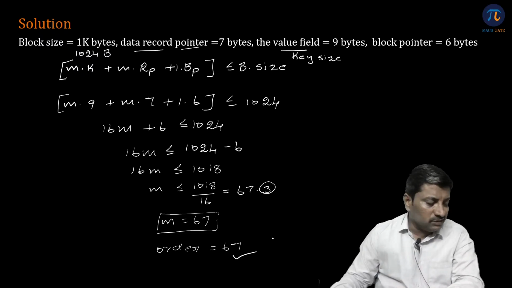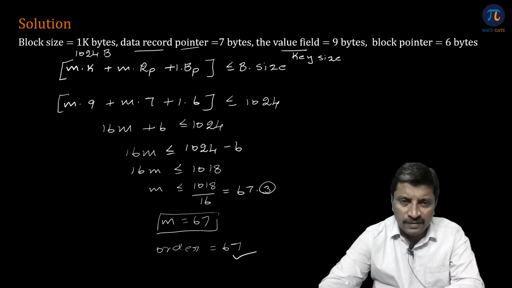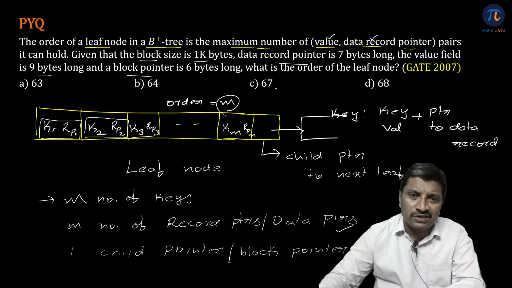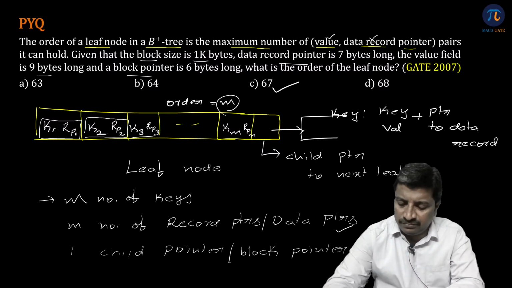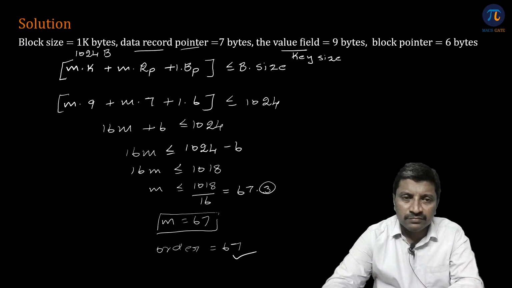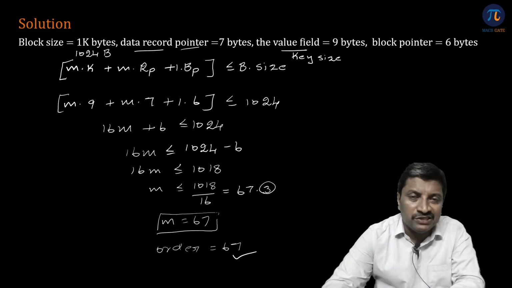So the order is 67. Let us check. Yes, we have, sir. The order is 67. Please go through it. And if you have any doubt, please raise in chat box.